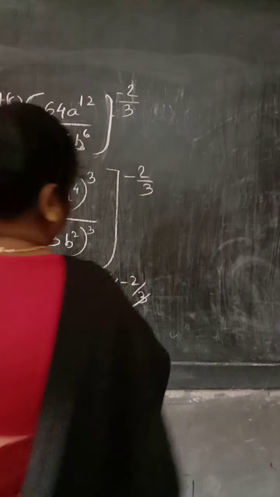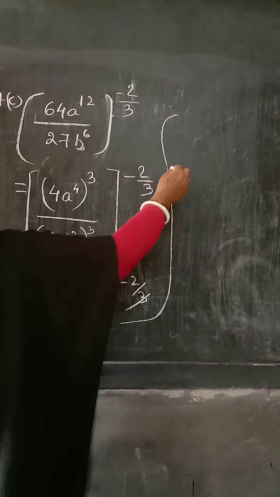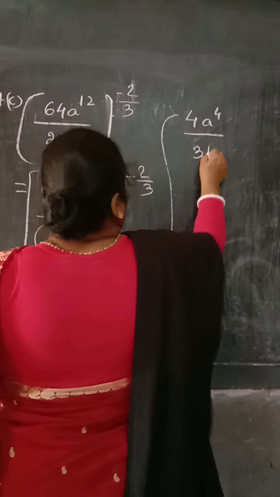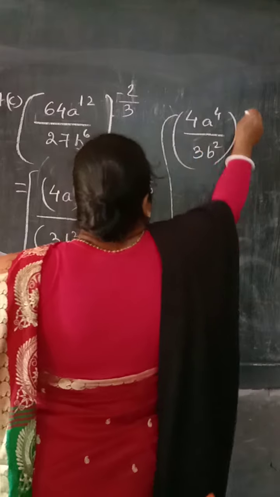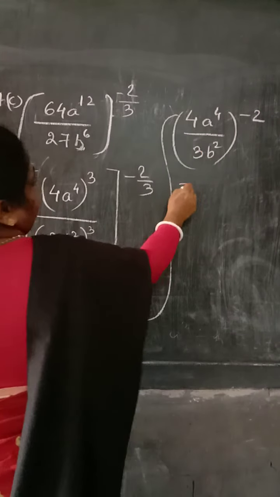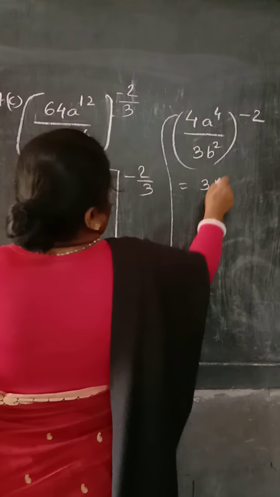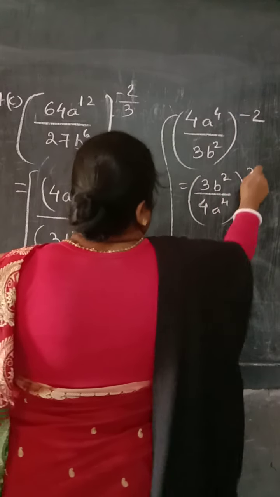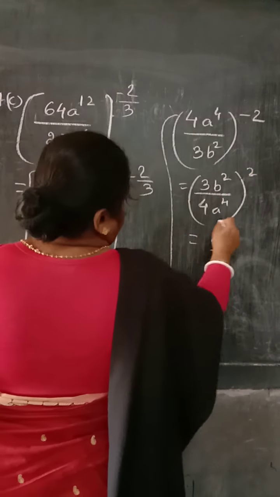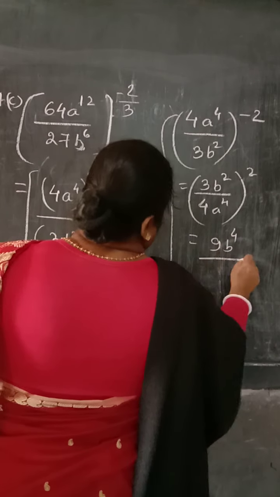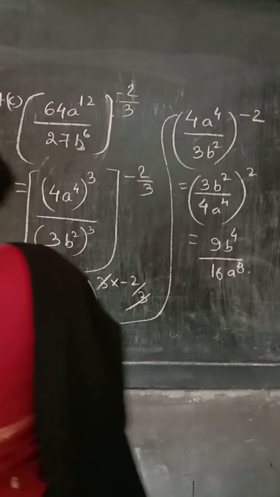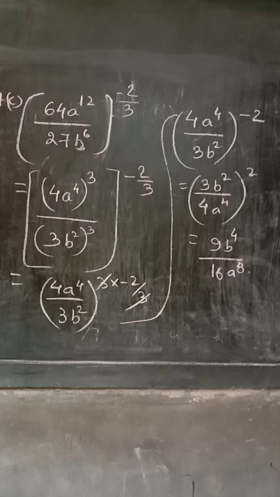So we are left with 4a to the power 4 by 3b squared, to the power minus 2, or it gives you (3b squared by 4a to the power 4) to the power 2. It gives you 9b to the power 4 by 16 a to the power 8. Please write it.